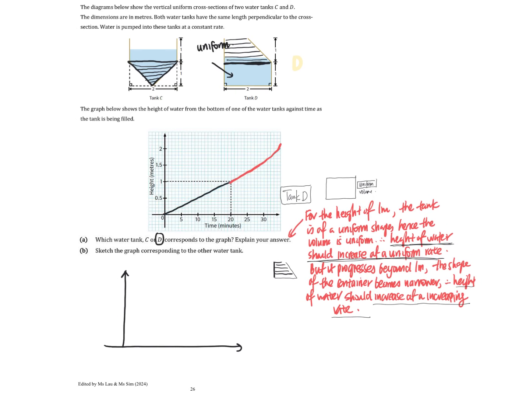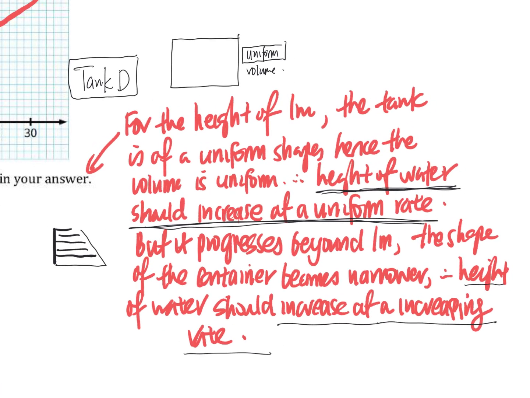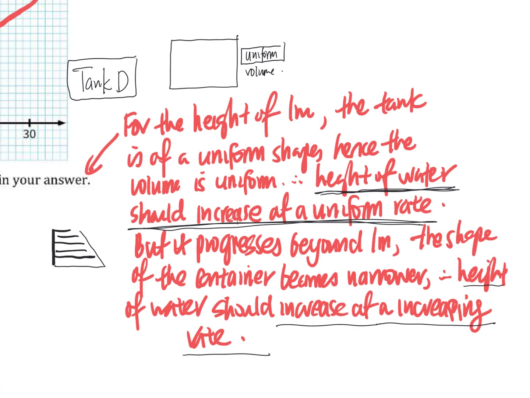Yeah. Next one. I think my height for tank C is increasing rate then uniform rate. Increasing at a decreasing rate, then uniform rate.